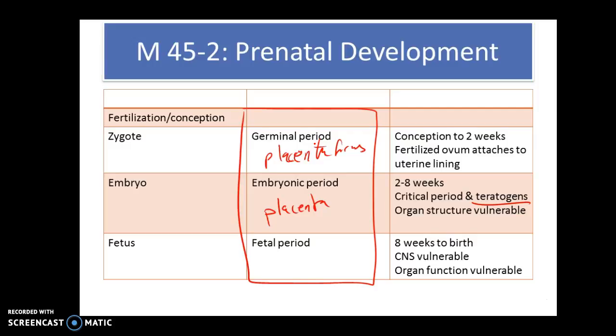Specifically, because in the embryonic period organs are starting to develop in terms of structure, teratogens are more likely to actually damage the structural aspects of the organs, whether they be the eyes, the ears, internal organs like the heart. Now, during the fetal period, the organs are more fully developed and function is starting to develop. So teratogens are more likely to actually impact organ functioning during the fetal period.